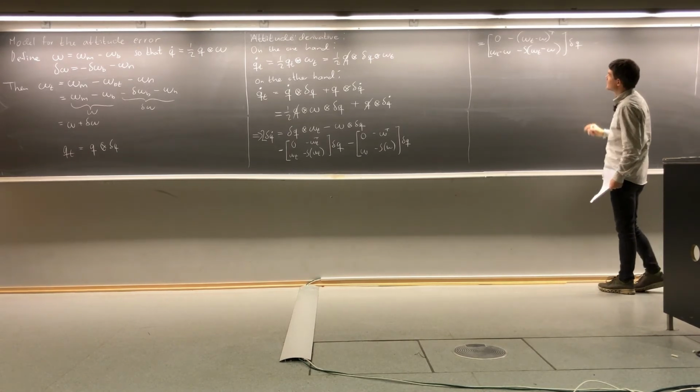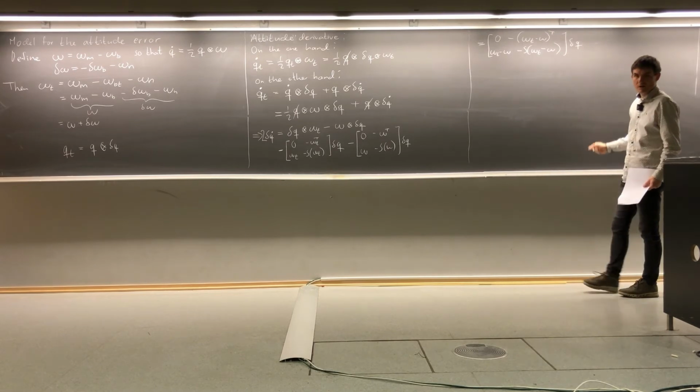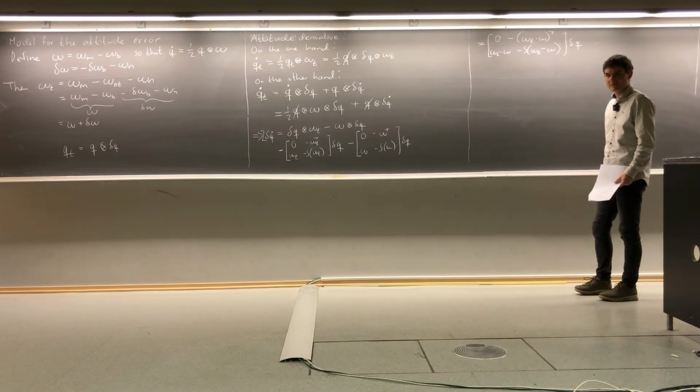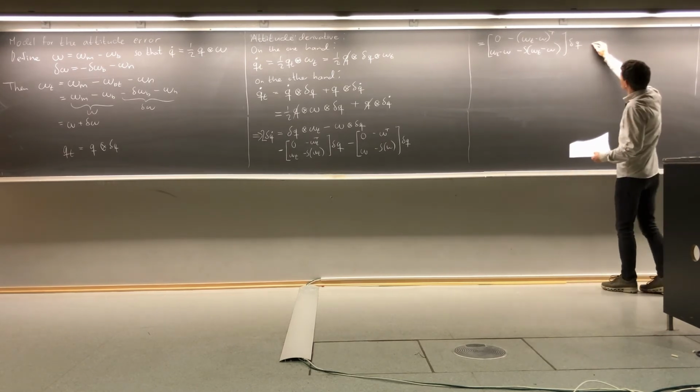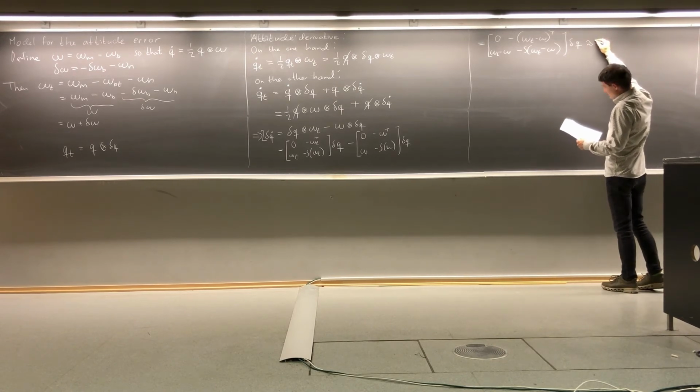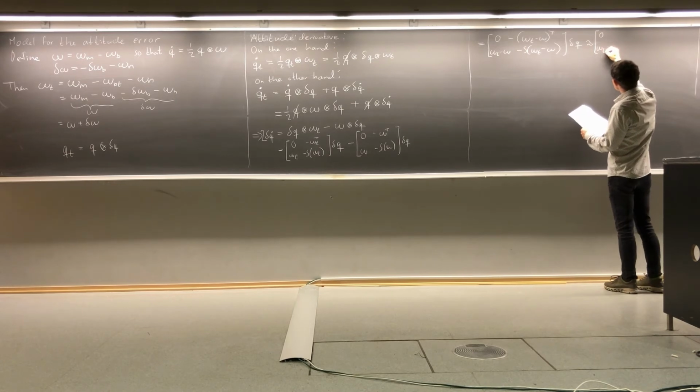Now I don't really want my delta Q here because that's not part of my error state. It's delta theta that is part of my error state. So then another approximation comes. Not with the matrix, that one remains the same.